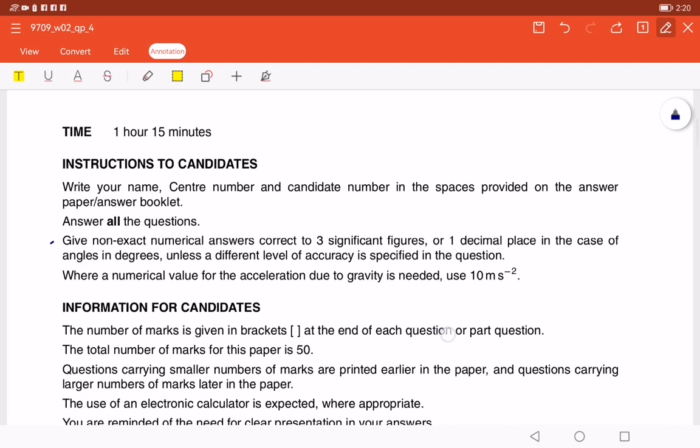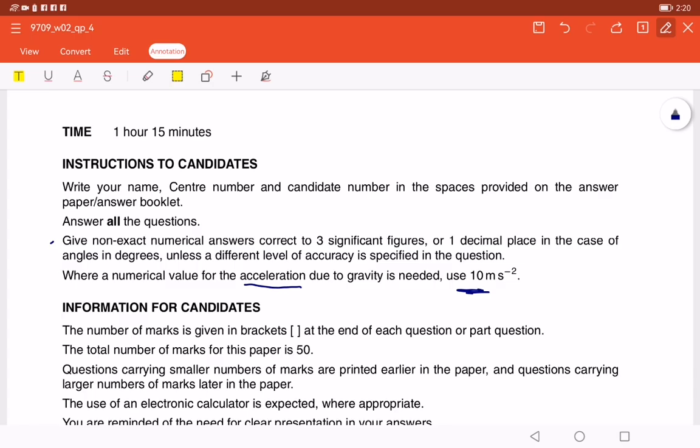Before you start your paper, you must read the instructions to candidates correctly. Look here: numerical answers should be given correct to 3 significant figures, or 1 decimal place in the case of angles in degrees. And when you use the acceleration of gravity, you must use 10.